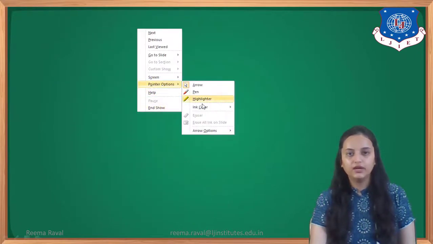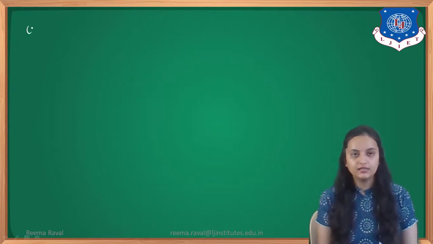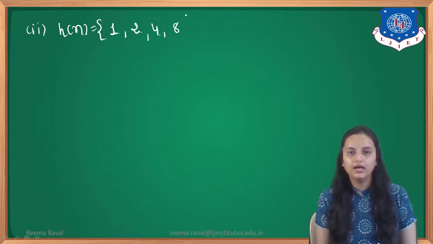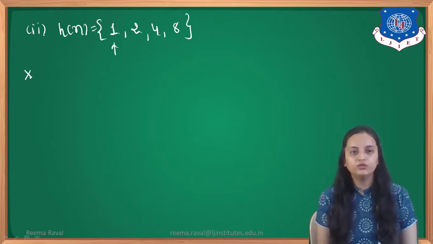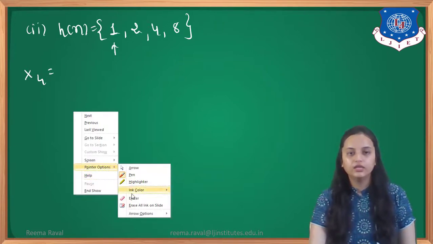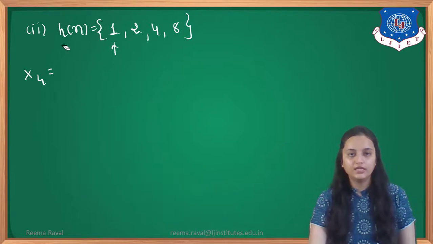So let's find that value for h of n. For the second case, where h of n equals 1, 2, 4, 8 and the arrow is at this position, we will do the same procedure. Here we cannot denote it as x4 because here the value is in terms of h, so we will use h4.